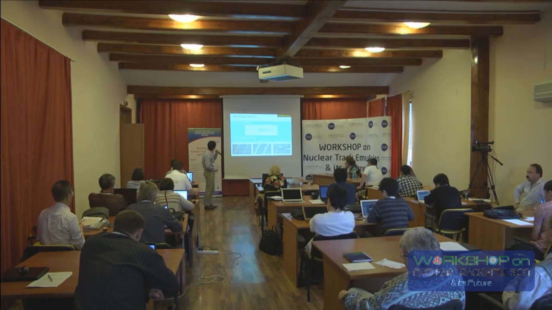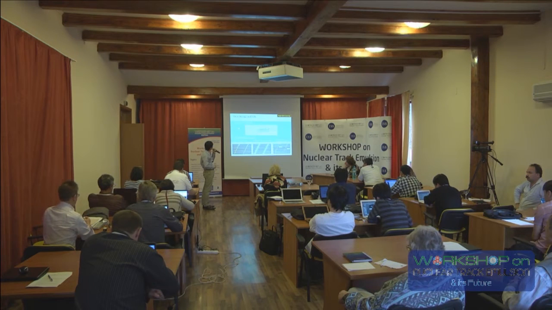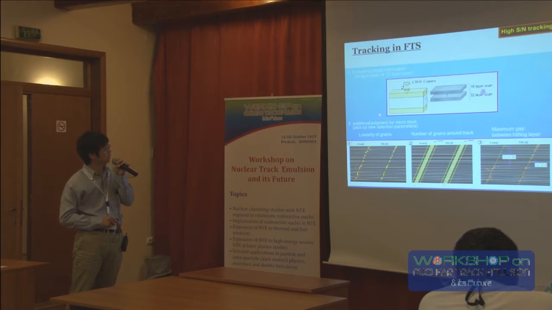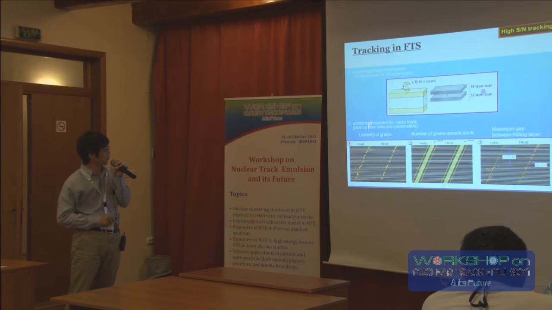So we developed a new tracking algorithm. Point 1 is increasing image information. Normally we take a 16 layer scan; this time we tried a 32 layer scan. Also, additional judgment for the microtrack, picking up new selection parameters.